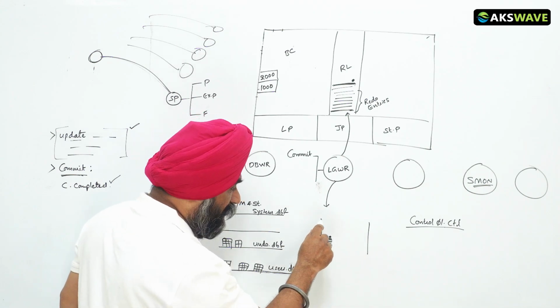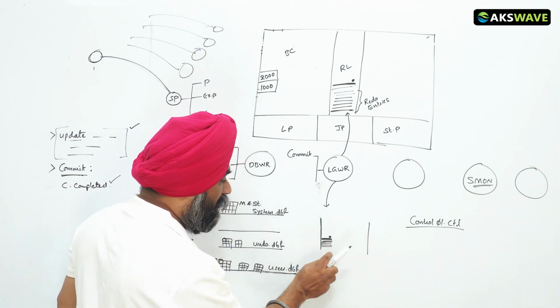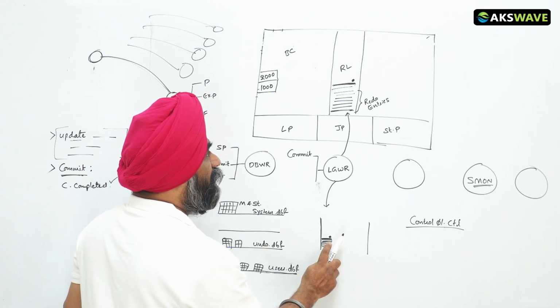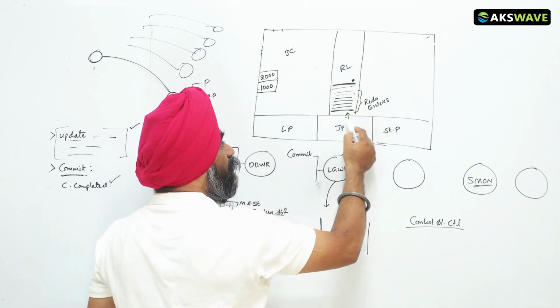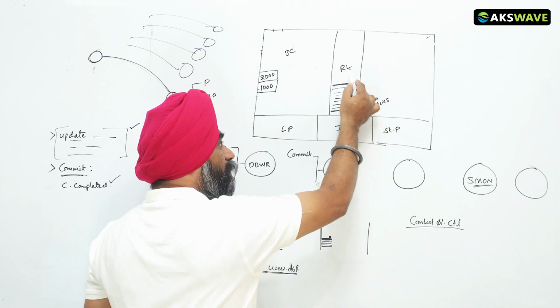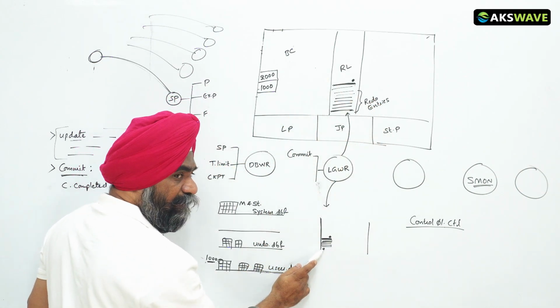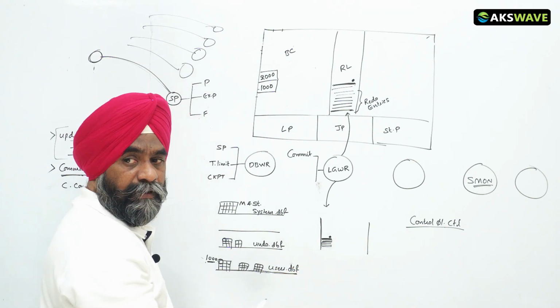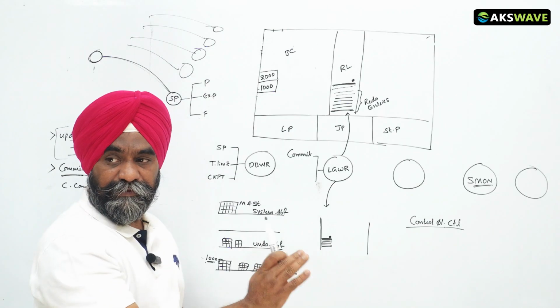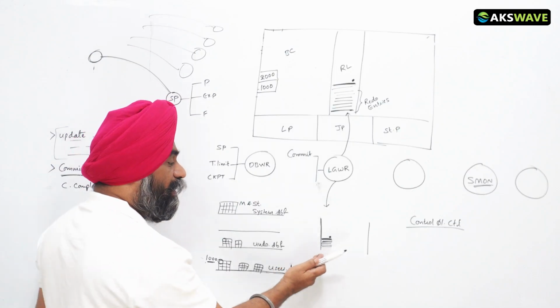And what will be the size of this Redolog file? Generally, as a thumb rule, it is somewhere around 10 to 20 times the size of your Redolog buffer. If my Redolog buffer is 5 MB, I might give it 50 MB or 100 MB.